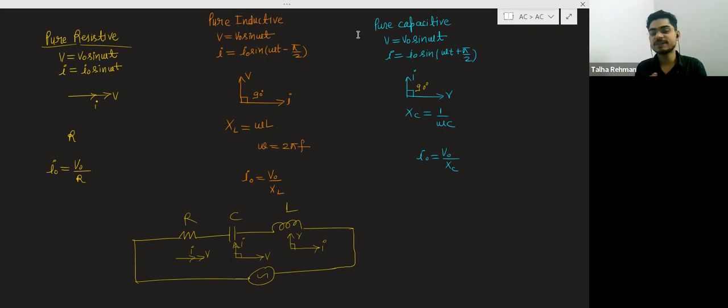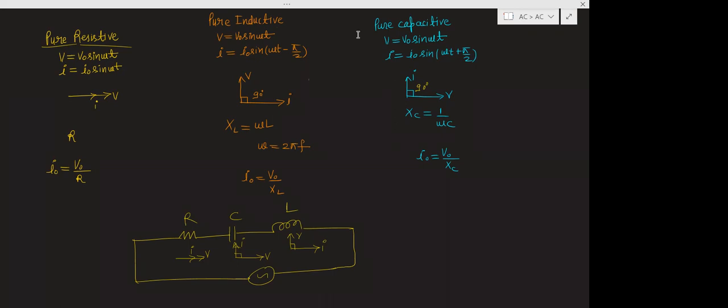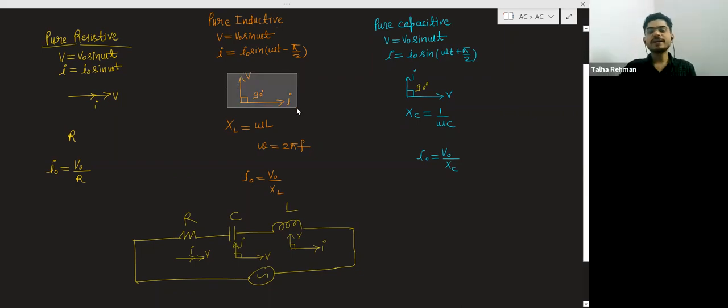In the purely inductive circuit, the phase of voltage is more than the phase of current. That is why the voltage is leading the current by pi by 2. The initial phase of voltage is greater than the initial phase of the current.